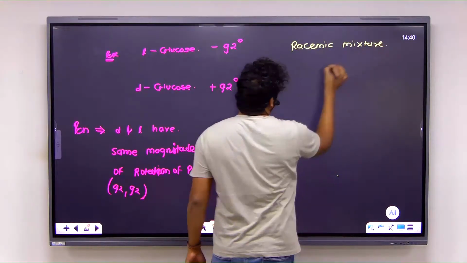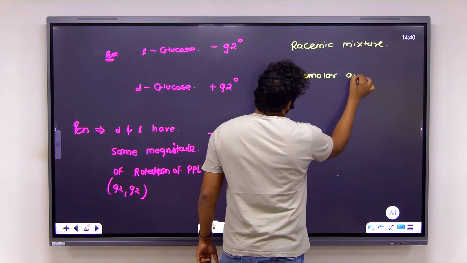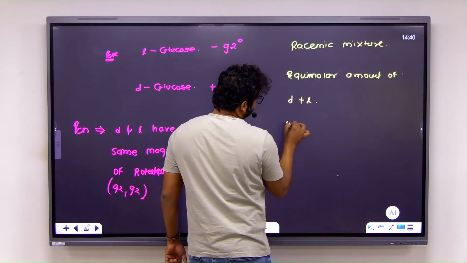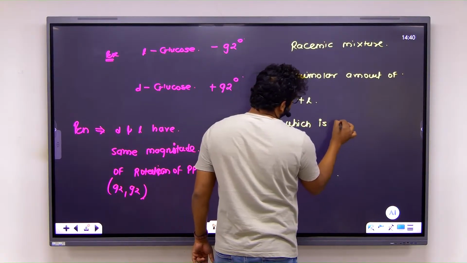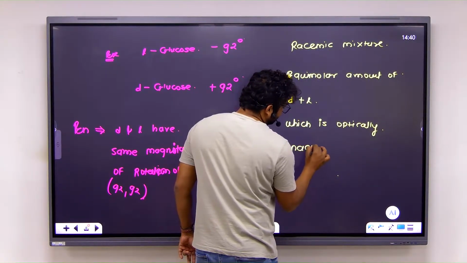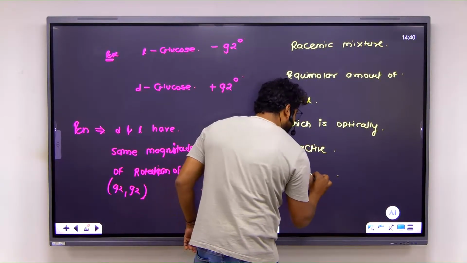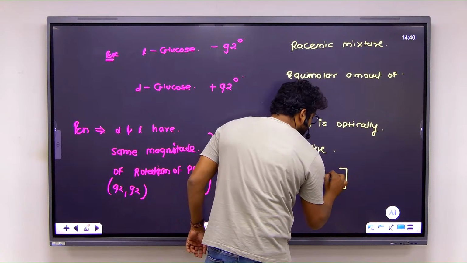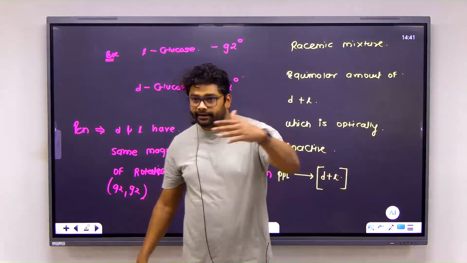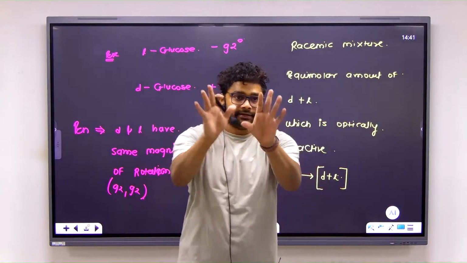So what do you mean by racemic mixture? It is an equimolar amount of dextro plus levo, which is optically inactive. हे ऍक्टिव्ह नसतं, हे ऑप्टिकली काय असतं? इनॅक्टिव्ह. कारण जेव्हा तुम्ही पीपीएल पास करता अशा सोल्युशनमधनं ज्याच्यात 50% डेक्स्ट्रो आणि 50% लायवो राहील, तर डेक्स्ट्रो कुठे रोटेट करेल? राईटला. आणि लायवो कुठे रोटेट करेल? लेफ्टला. दोघं एकमेकांना काय करतील? कॅन्सल. आणि लाईट कसा पास होईल? स्ट्रेट.